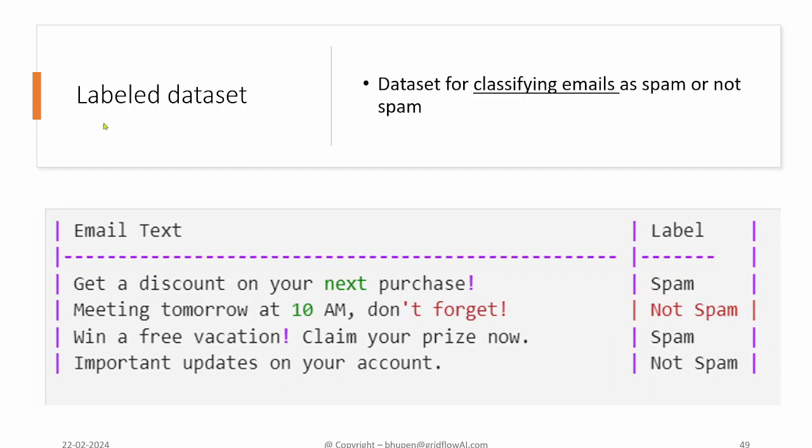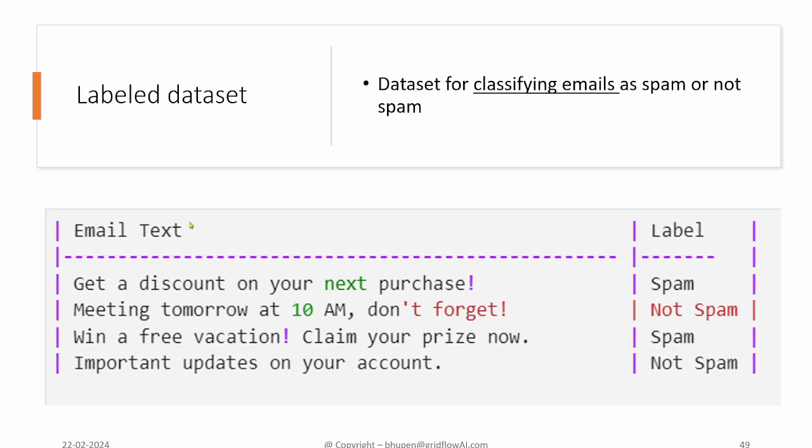So let's take an example of labeling. For example, you want to classify emails as spam or not spam. These are sample emails, and you can label them based on the content: spam, not spam, spam, not spam, and you could have thousands of such email texts which you think are good for training a machine learning model.